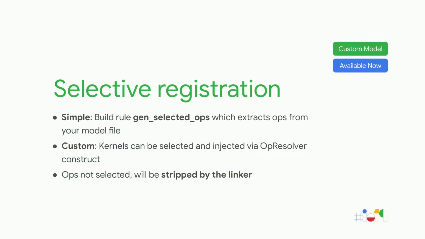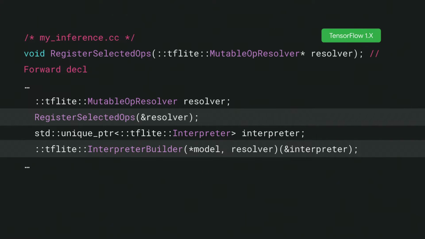So that was all about how you can convert and deploy your model with TensorFlow Lite. I want to walk through some advanced techniques which you may use if they are useful for you. So many developers who use TensorFlow Lite care deeply about keeping their binary footprint small. Selective registration is one feature that can really help here. And the idea is that you can only link in the ops that your model is using, and this thereby makes the size of the binary small. So let's see how this works in code.